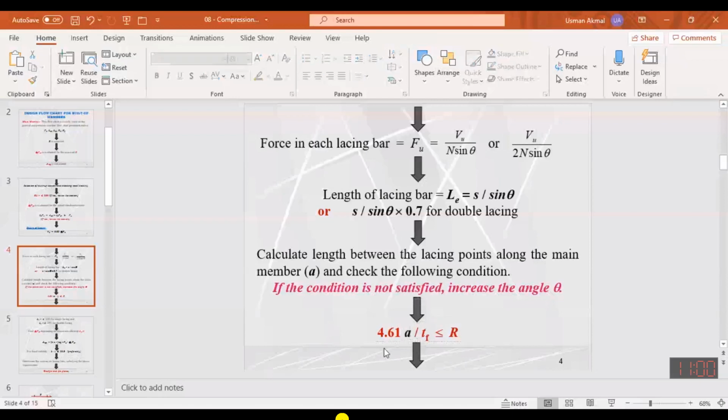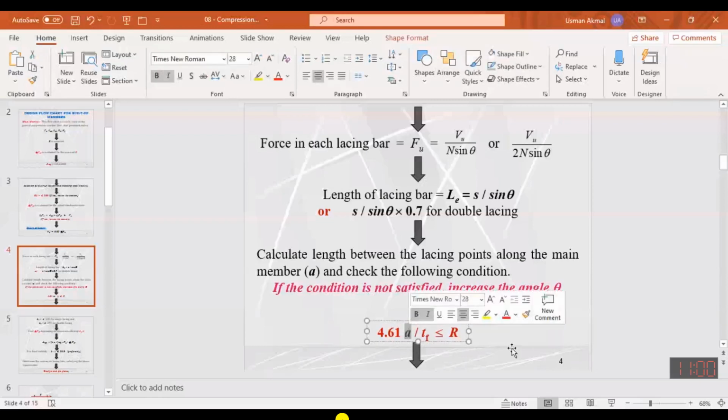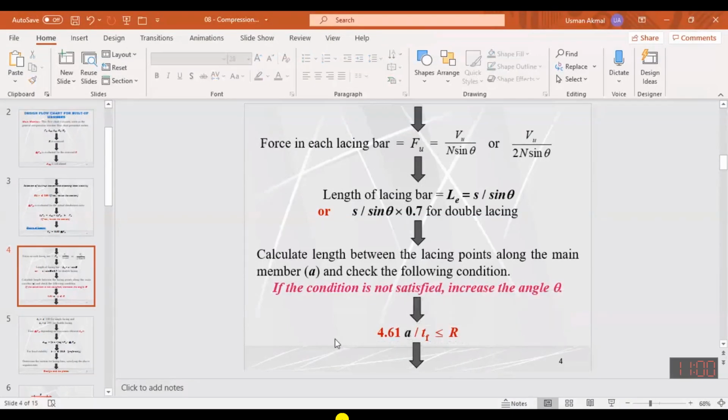Yes, sir. What is this A value? Can you let me know what this A value is?